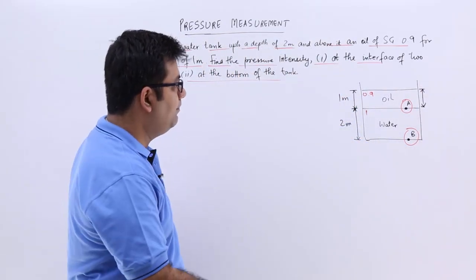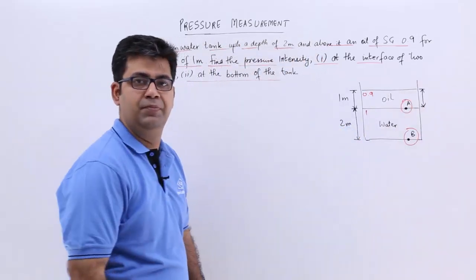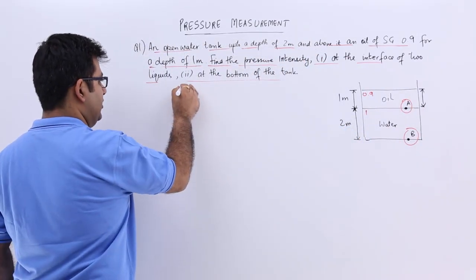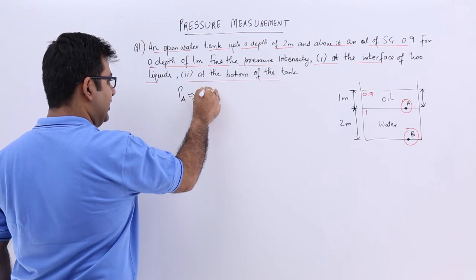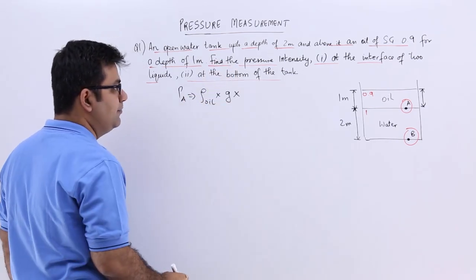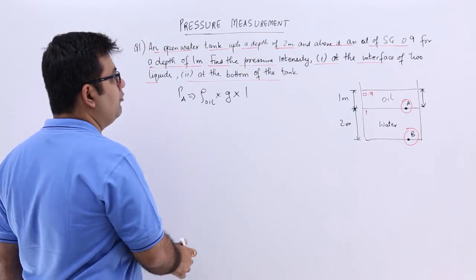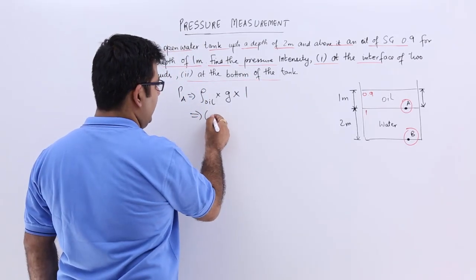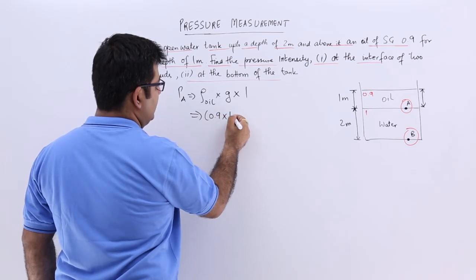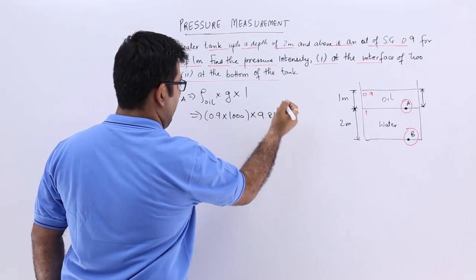Now for the first part, whatever pressure you have at point A is due to this liquid column, and that is the density of oil into gravity into this height, which is 1. What is the density of oil? It is the specific gravity into the density of water, into 9.81 into 1.